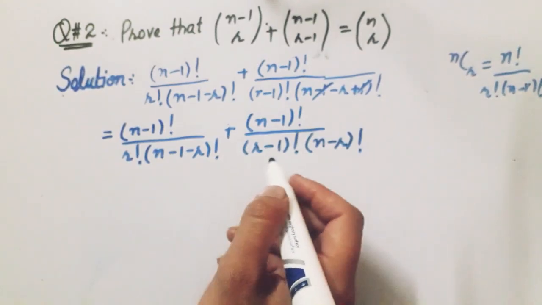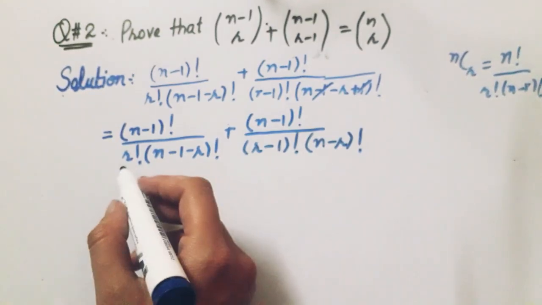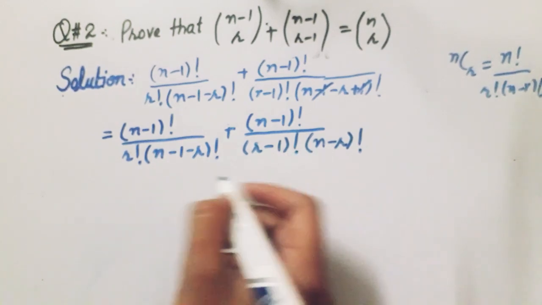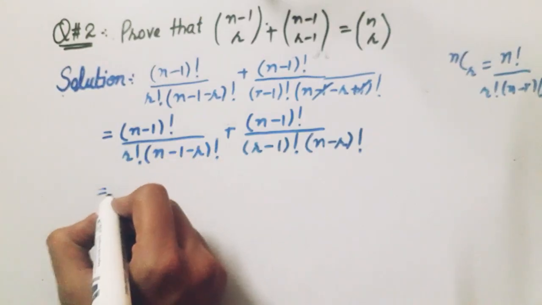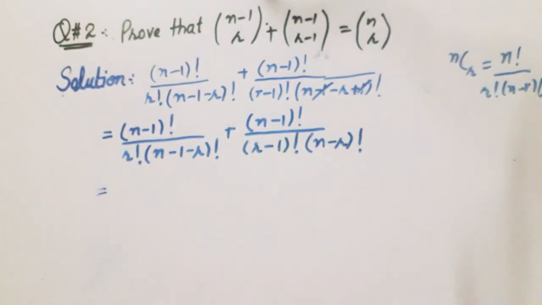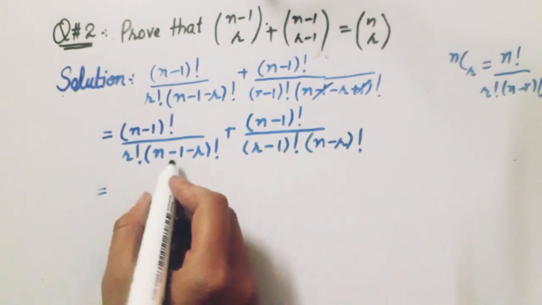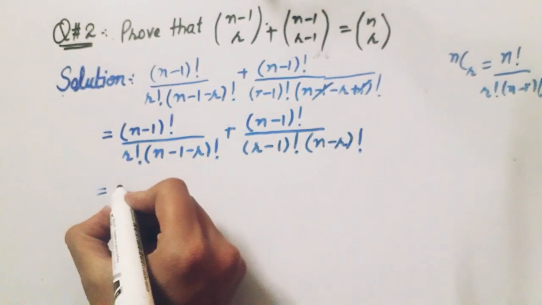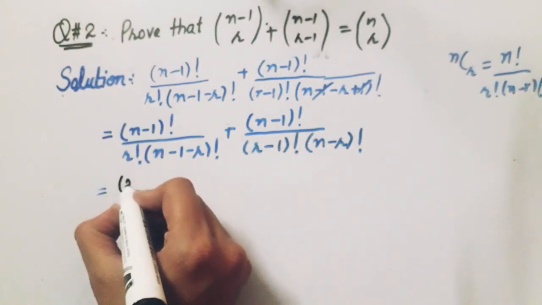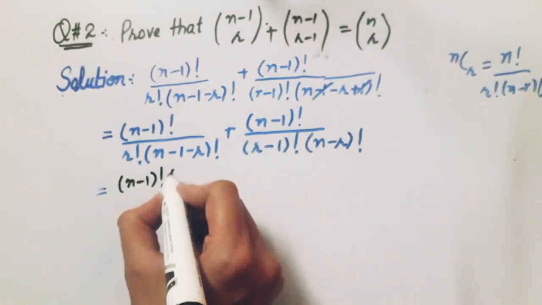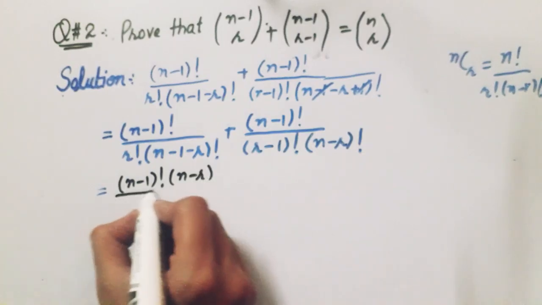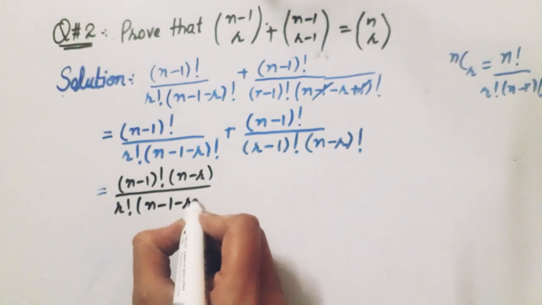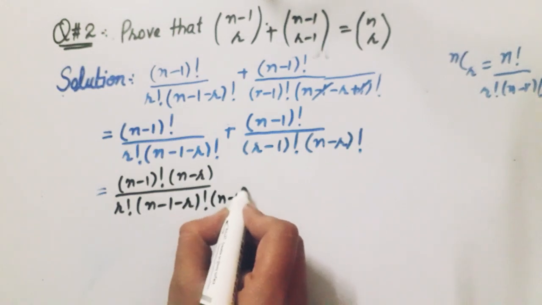So in the denominator we have common factors, that is r factorial and n minus r factorial. So we will make this such that we will multiply first by n minus r. So you will write this as n minus 1 factorial into n minus r, and r factorial into n minus 1 minus r factorial into n minus r.